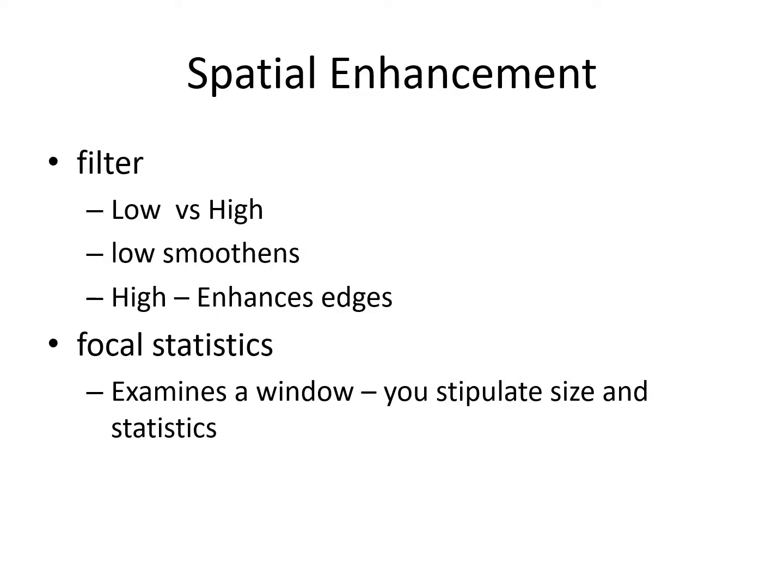If you're trying to identify objects, you can use certain types of filters that will enhance the edges of things so that you can detect buildings. Lots of things like focal statistics also help us examine a window, and you can determine the size and what statistics you're interested in to help figure out what's going on or what you need to know.